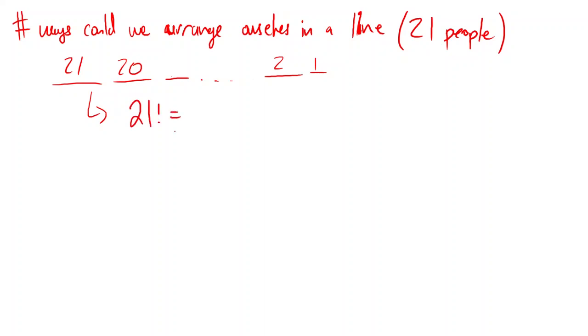Well, what does that come out to be? 5.10909 times 10 to the 19th. That's scientific notation. So where's that decimal supposed to go? It's supposed to go 19 decimal places to the right.